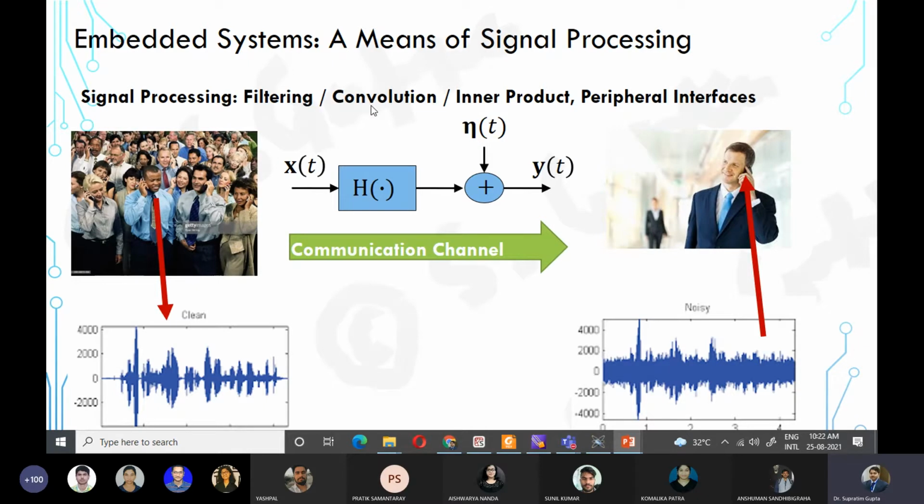And we can also have the inner product, which is basically instantaneous multiplication of these two signals and the sum of that, which we often use for computing different transforms like Fourier transforms. And then we need peripheral interfaces, which in this case are the microphone and the speakers.